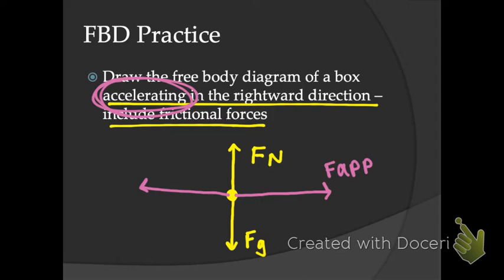If my net force was 0, that happens at constant speed or at rest. But it's accelerating, so my frictional force just needs to be shorter than my applied force. I don't know the scale because it didn't give me any numbers, but I can show that those are not equal to one another. That tells me my object is accelerating to the right. It's not only moving to the right, it's getting faster as it moves to the right.